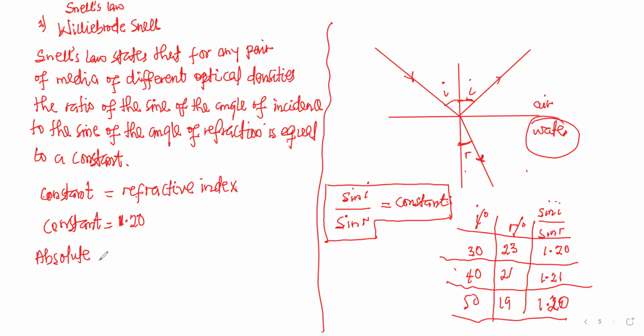So whenever light is traveling from a less dense medium to a more dense medium, the ratio of the sine of the angle of incidence to the sine of the angle of refraction is equal to a constant. This constant value is termed as the absolute refractive index of the denser material, or medium.